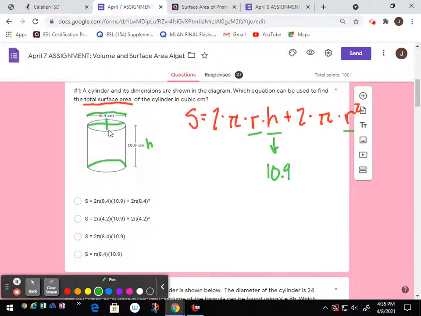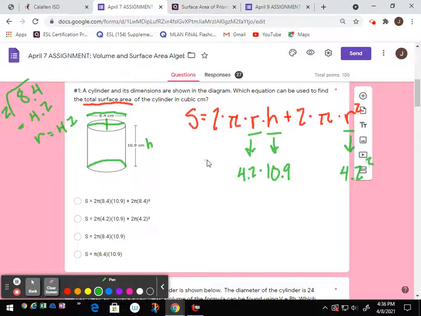So half of it is our radius, and half of 8.4 divided by 2 is equal to 4.2. So our radius is 4.2. So wherever we see r in our equation, we're going to write 4.2. We have another one right here, but this 4.2 will be squared.